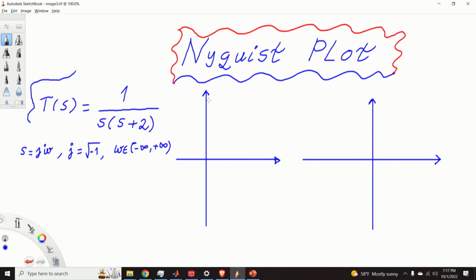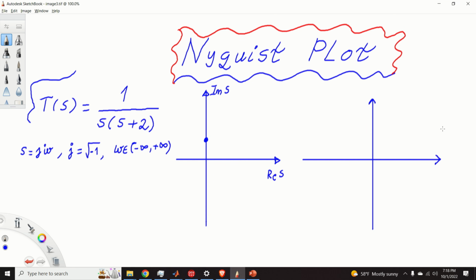Let this be a complex plane, and let this be the real part of s, and let this be the imaginary part of s. So when we say that s is equal to j omega, we are basically restricting ourselves to the imaginary axis. So for example, for omega 1, we obtain the point over here on the imaginary axis.